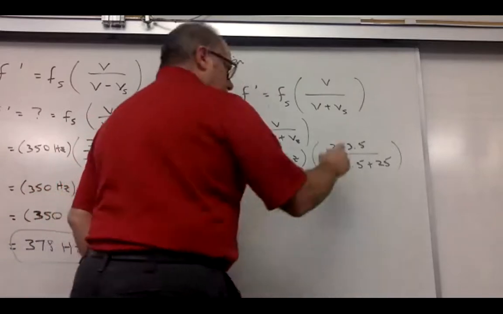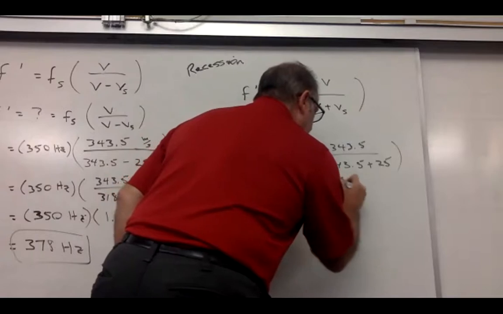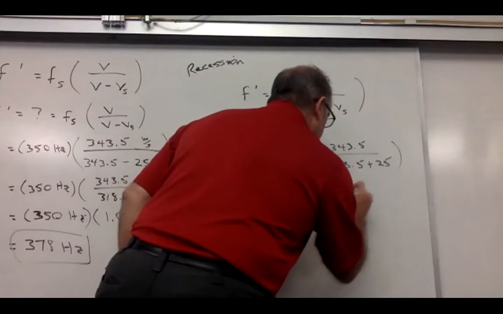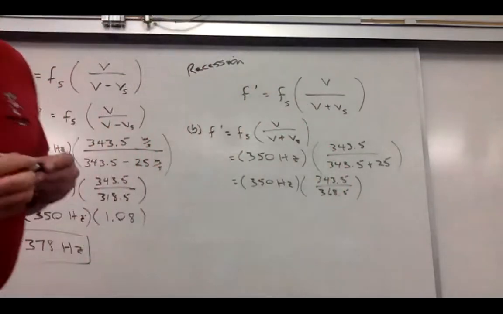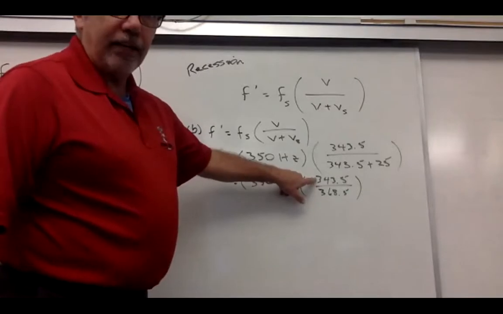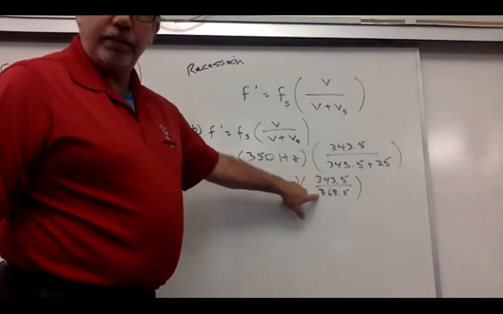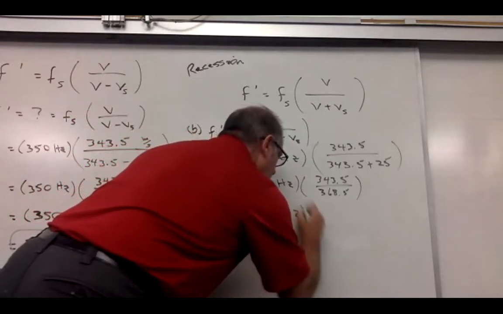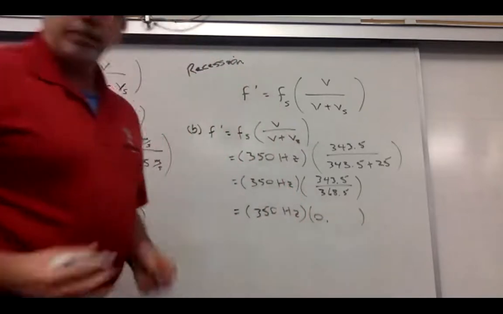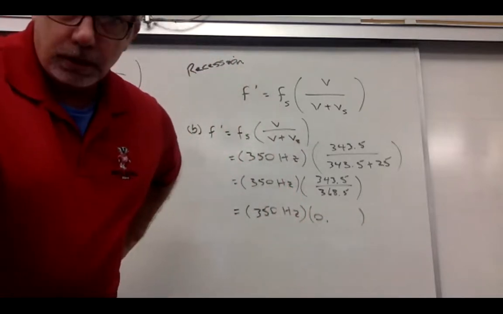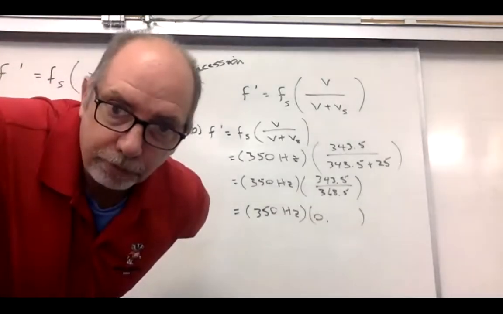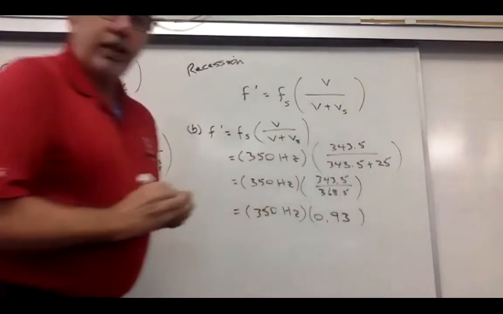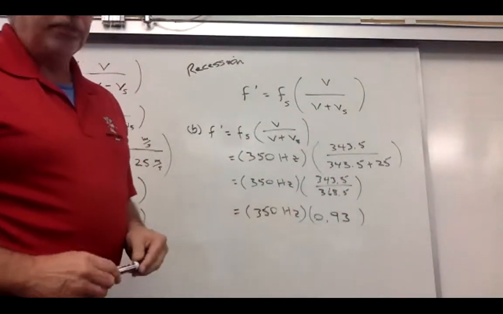Okay. 350 hertz times 343.5 over 368.5. Calculators. What's 343.5 divided by 368.5? What is the change factor now? 0 point something. 0 point what? 0.93? Okay. Take that number in your calculator, multiply by 350.